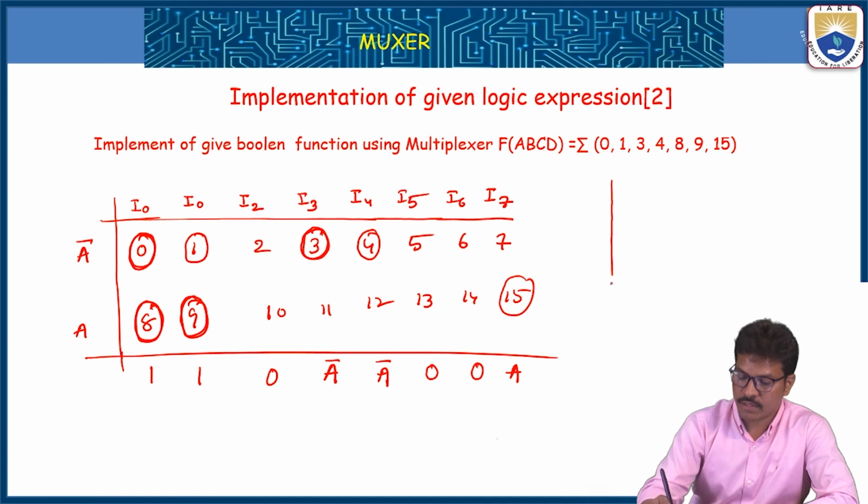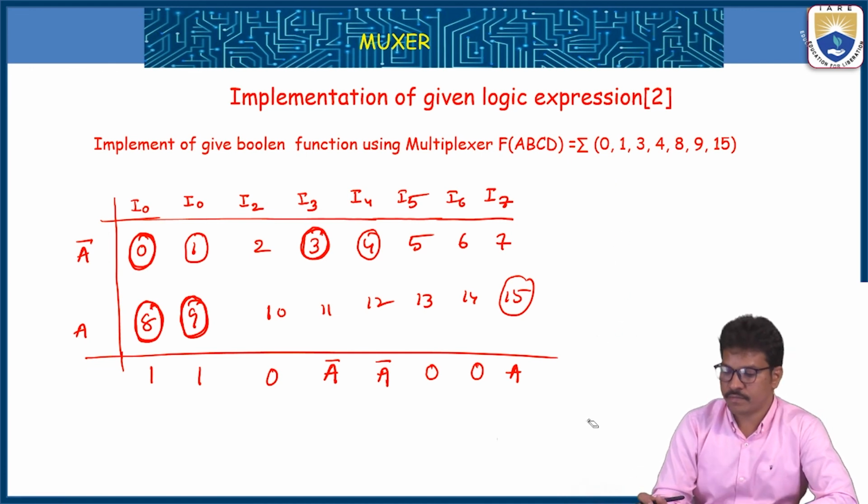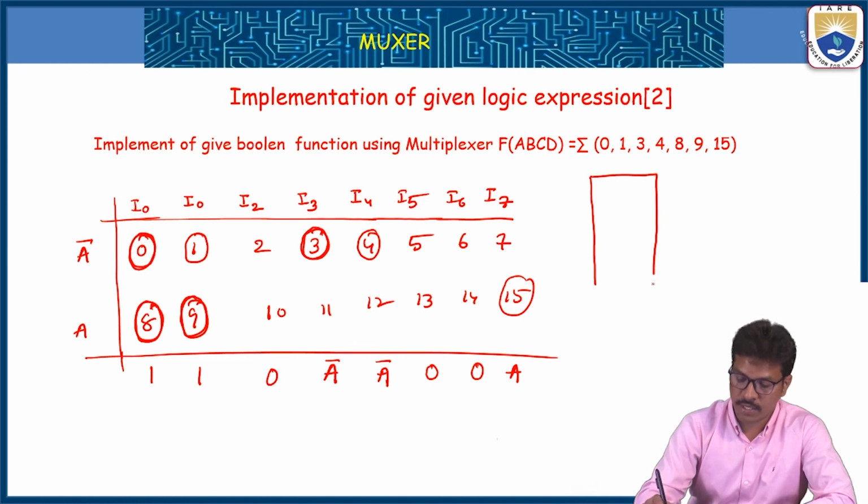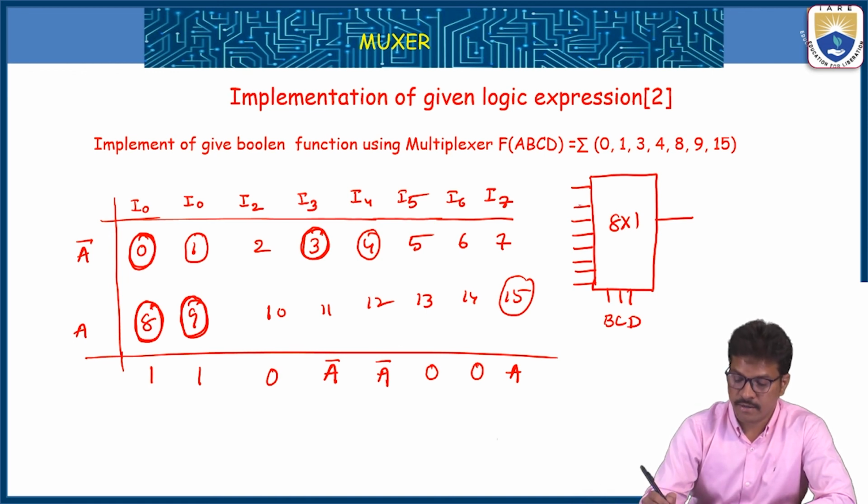if you take the 8x1 multiplexer in this case, 1, 2, 3, 4, 5, 6, 7, 8 by 1 multiplexer. The three select inputs are B, C, D, and A is the remaining.